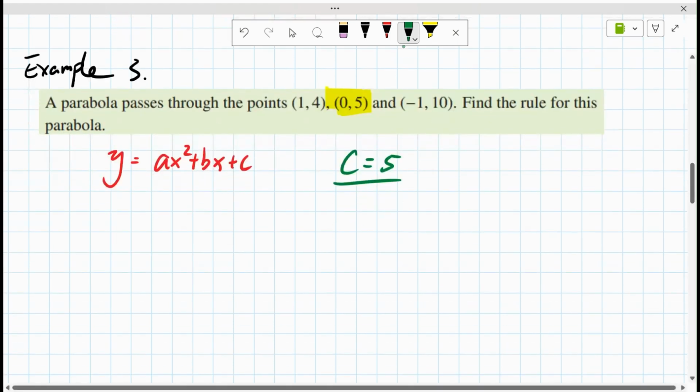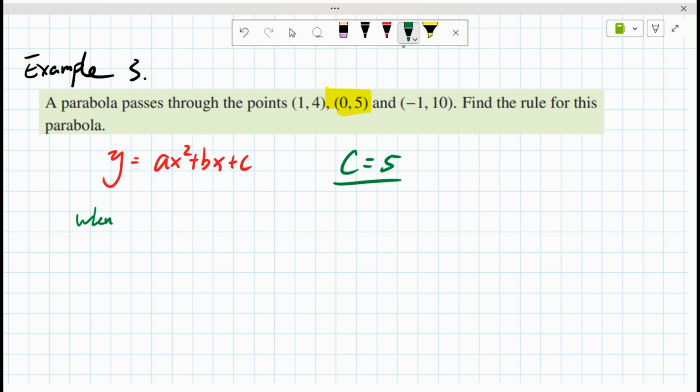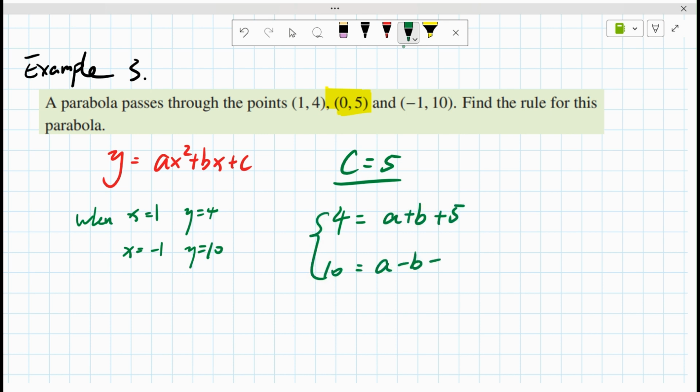Now we can rewrite it: when x equals 1, y equals 4, and when x equals negative 1, y equals 10. So we can substitute in. 4 equals a plus b plus 5. That's the first part. Second part, 10 equals a minus b plus 5.